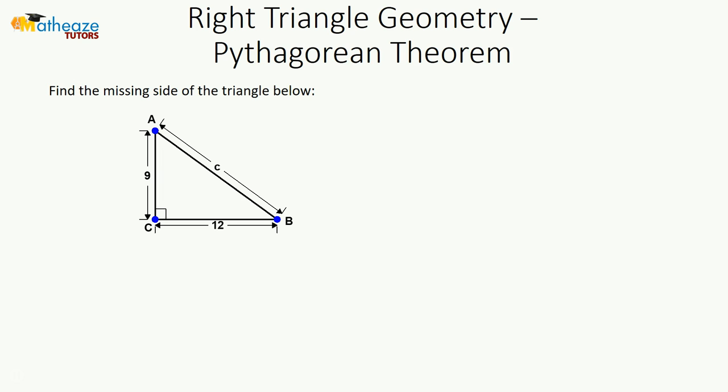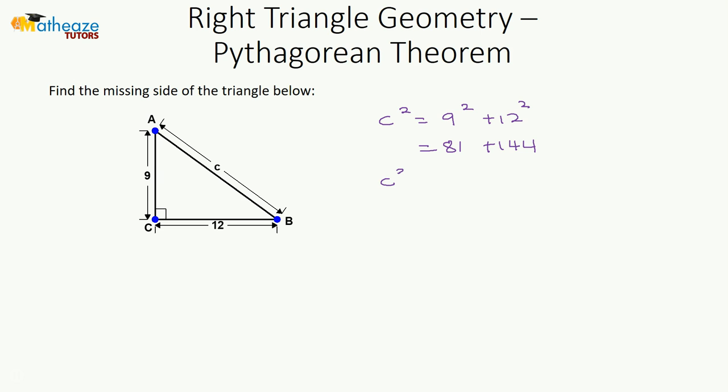So let's apply Pythagorean theorem here. So we have, according to Pythagorean theorem, the hypotenuse, which is C here. So C squared is going to be the sum of 9 squared and 12 squared, which is 9 squared is 81, 12 squared is 144.